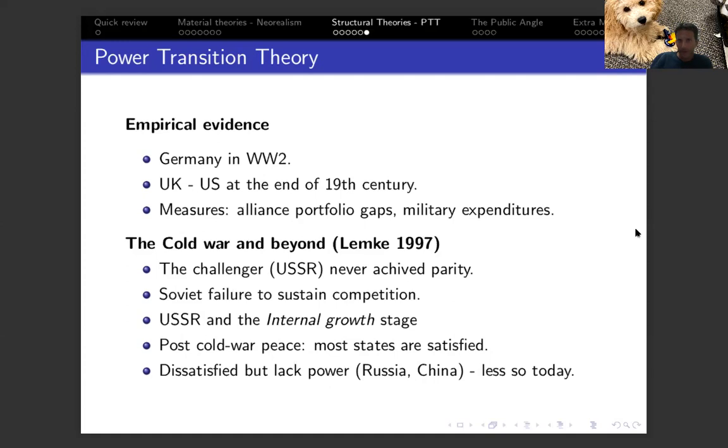And then the third stage is what's called power maturation, in which the powerful state returns to a slower rate of growth. But in order to become a dominant state and challenge the status quo, states must reach and pass the second stage in this three-stage structure.